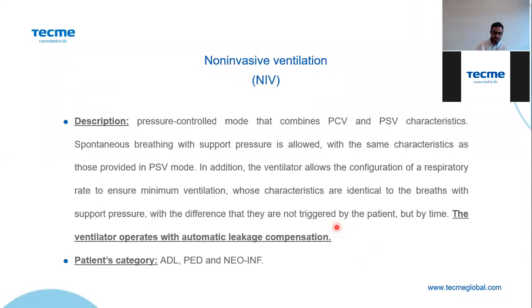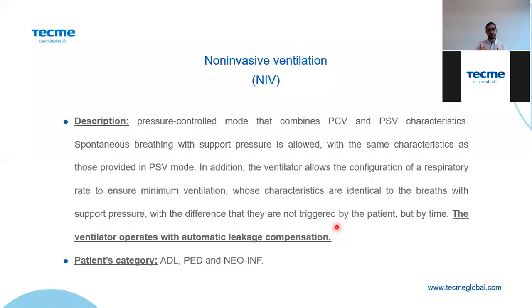So, the next ventilatory mode available in our machine is non-invasive ventilation, okay? And this is basically a pressure control mode that combines pressure control and pressure support characteristics, okay? Spontaneous breathing with spontaneous pressure is allowed with the same characteristics as those provided by pressure support mode, okay?